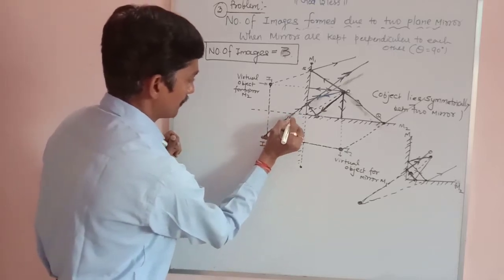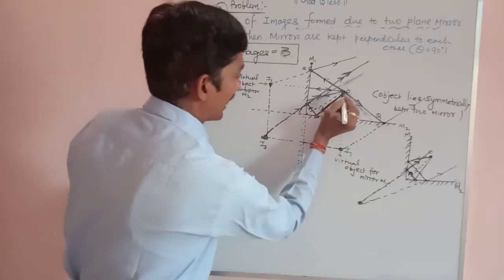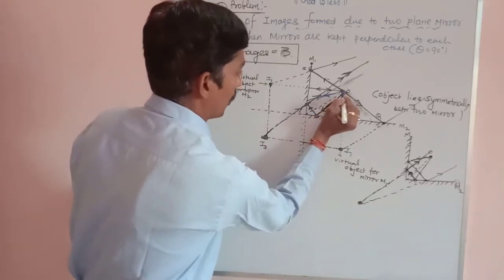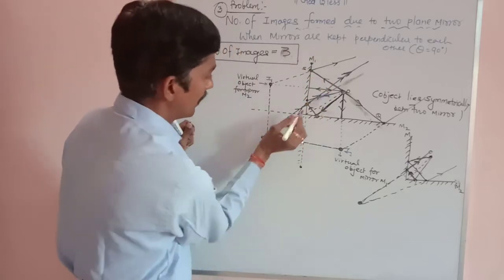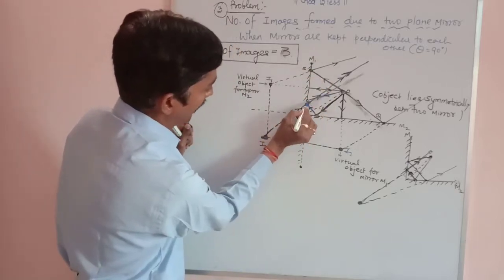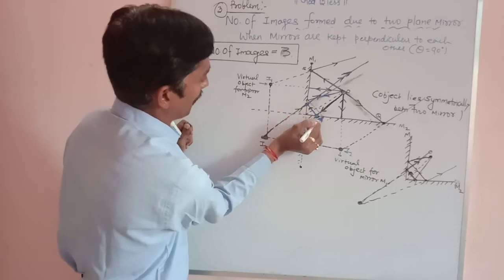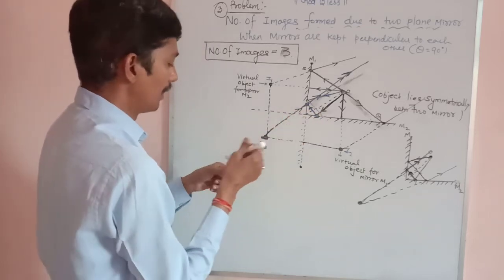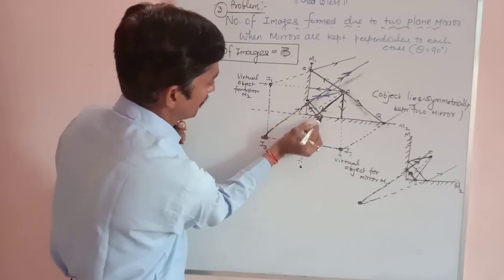Similarly, the another ray from point object O will incident at the mirror M1. It will be reflected from mirror M1 like this. You can see the diagram, see it carefully. It will reflect from mirror M1 like this.